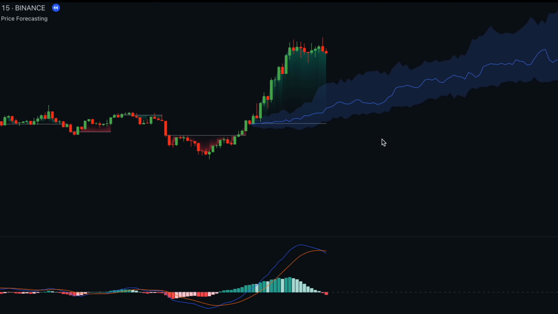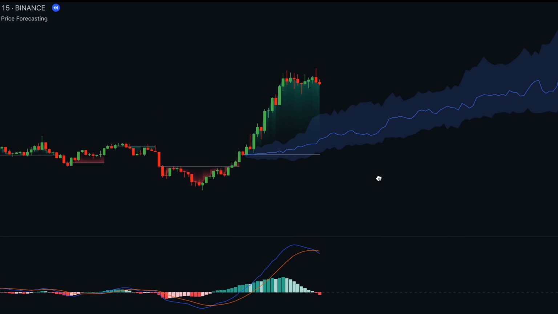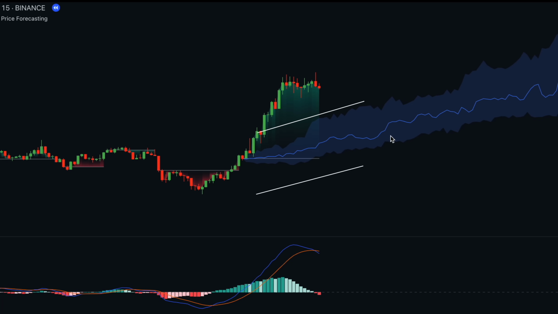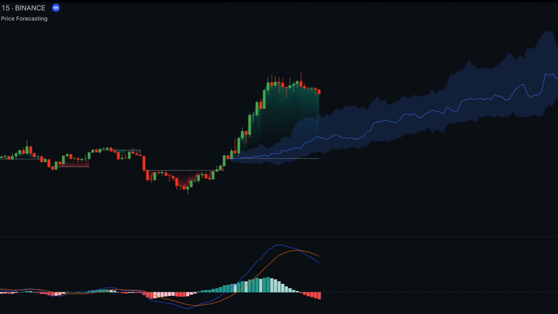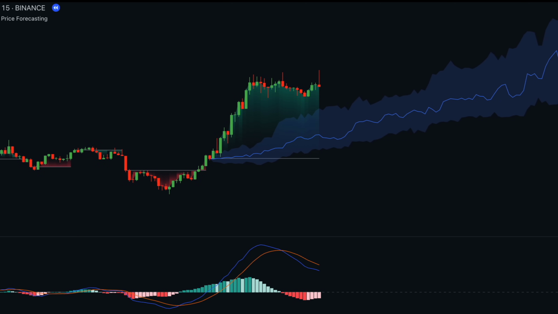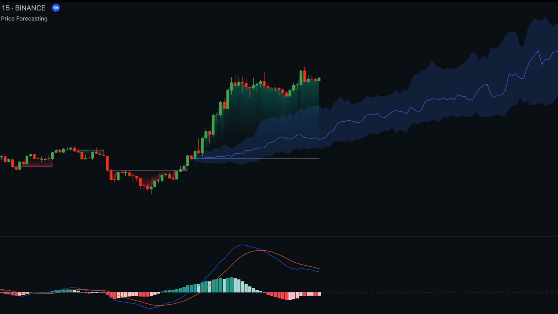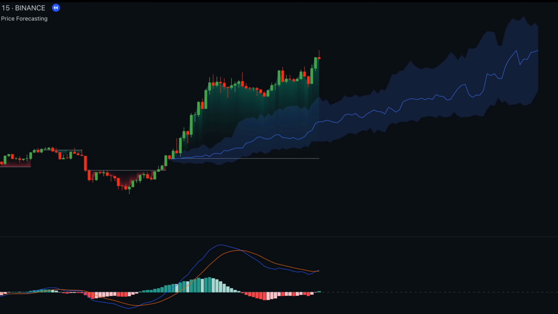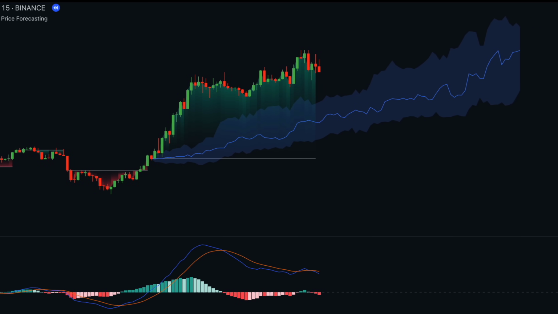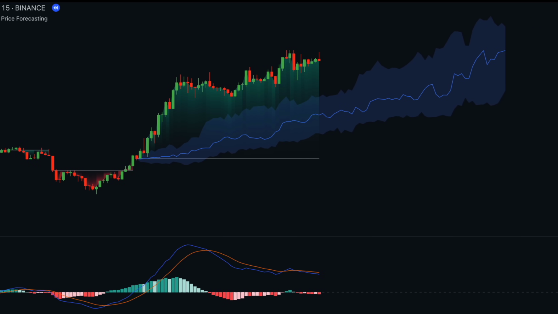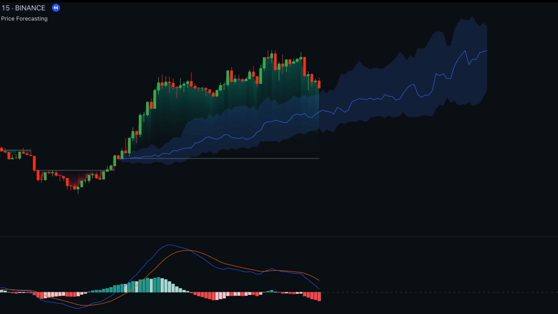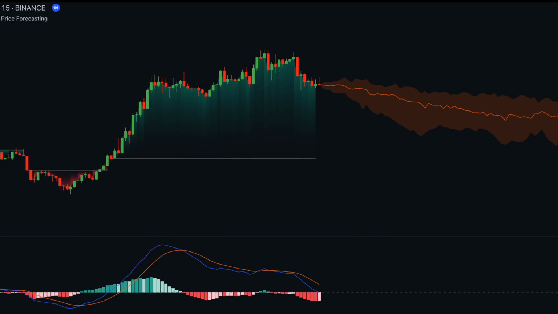An interesting feature of this indicator is its capability to introduce a bias to the forecast. By adjusting the average percentage setting, you can tilt the forecast towards a bullish or bearish bias, depending on your market outlook. It's important to note that while the MACD-based price forecasting tool provides valuable insights and predictive capabilities, it should be used as part of a comprehensive trading strategy and not in isolation.